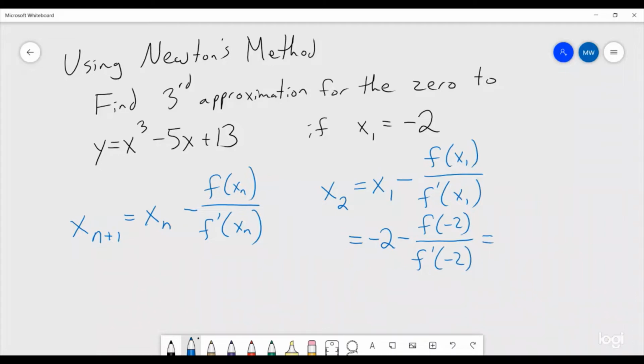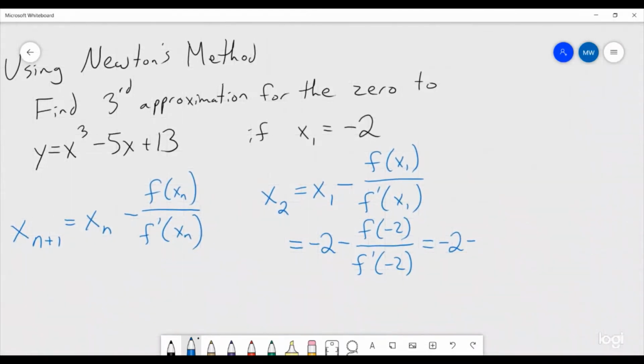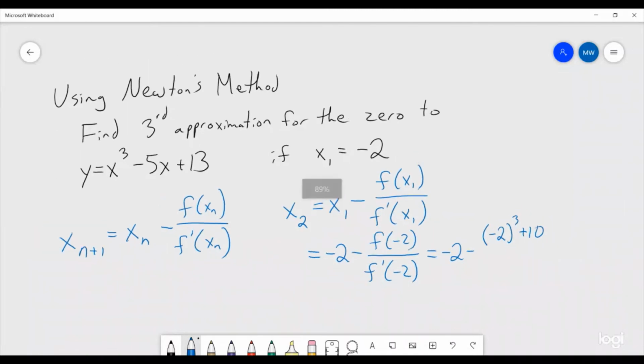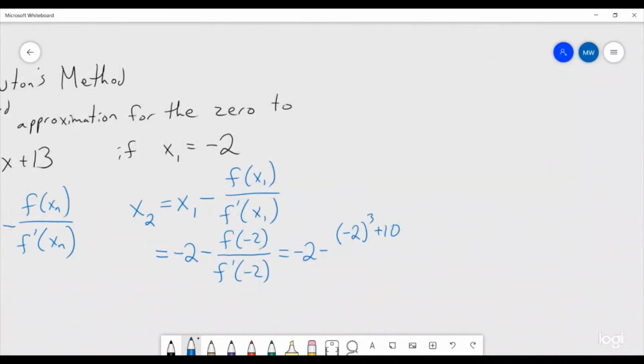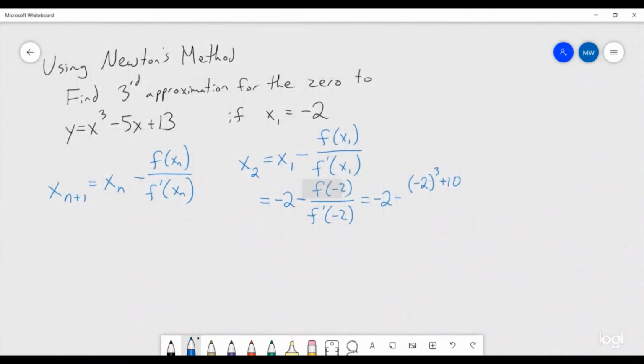What is f of -2? Well, if we go through and do all of that stuff, we can figure out that this is going to be -2 minus, let's see, we got -2 cubed minus 5 times -2, so that's a plus 10, plus 10 plus 13 divided by the derivative, so we'll need that, y prime, that's 3x squared minus 5.